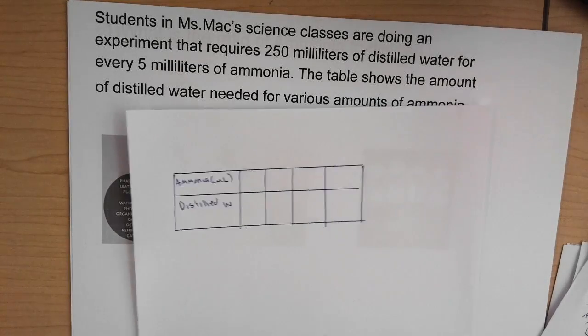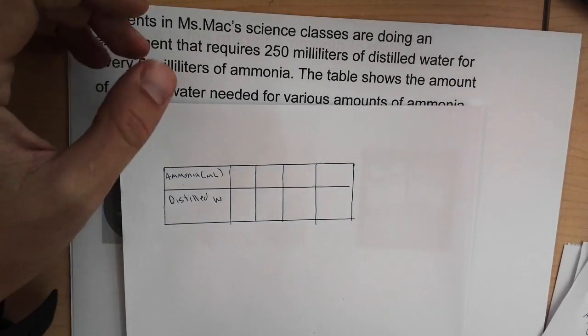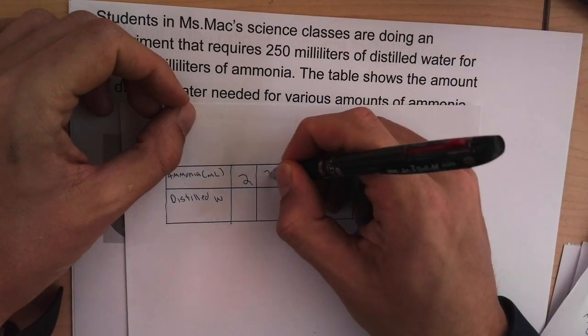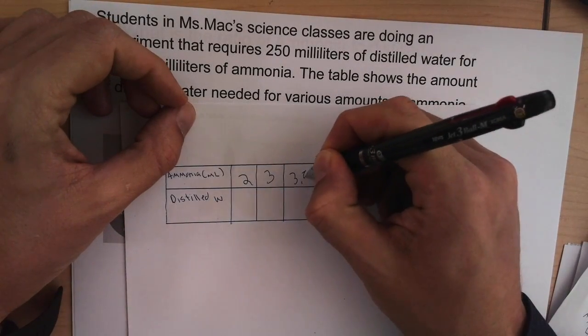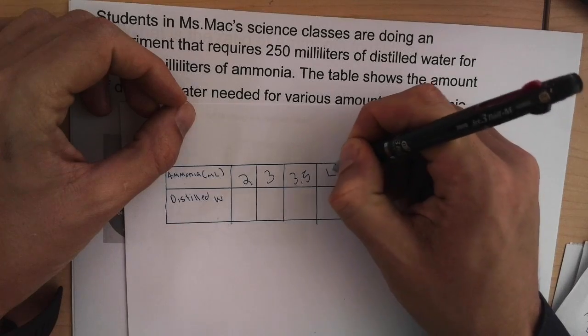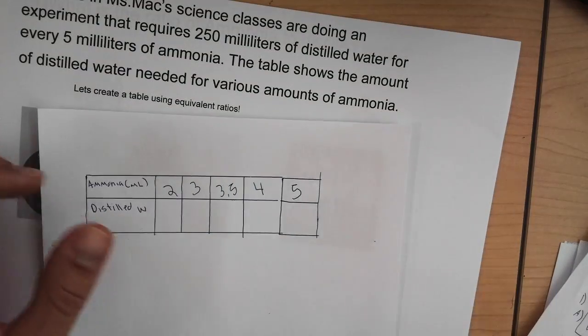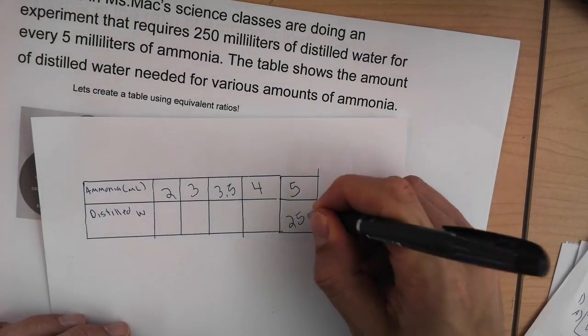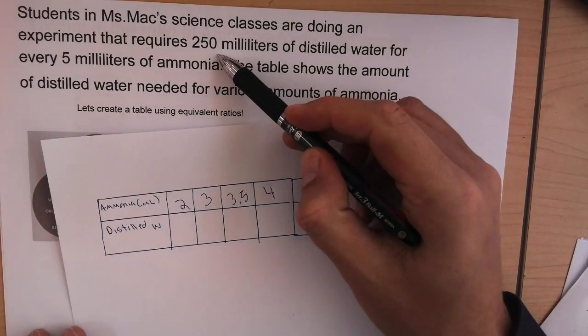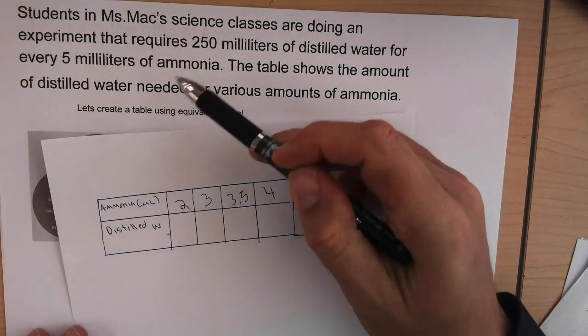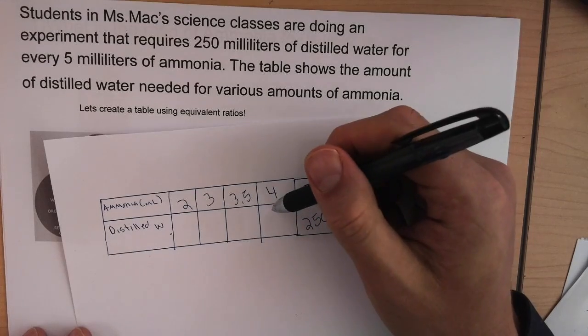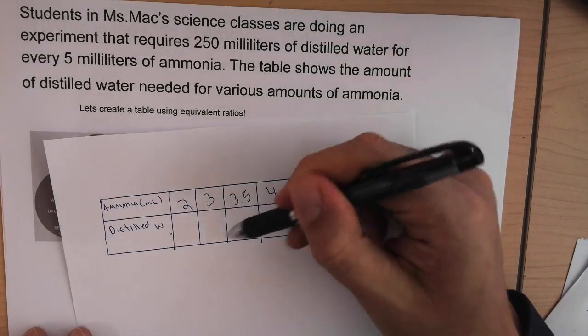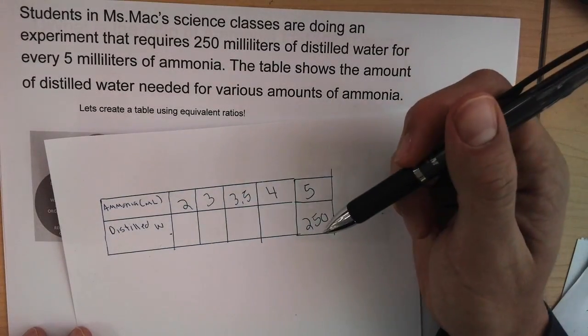I've started to create my table here, and I have 2, 3, 3.5, 4. I need one more. I have 250 here because it's 250 milliliters of distilled water to 5 milliliters of ammonia. Now I encourage you to pause the video and try to fill in the other 4 blanks.